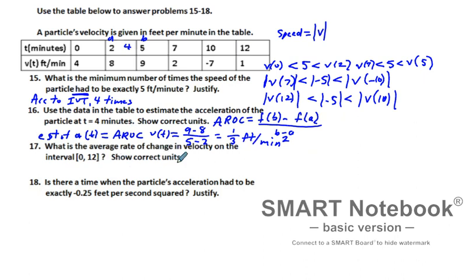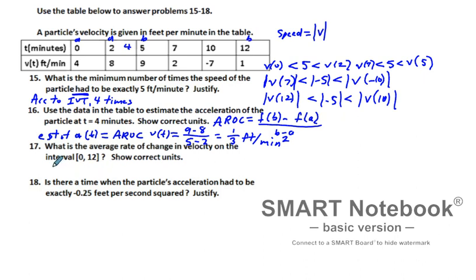What's the average rate of change in velocity in the interval from 0 to 12, which is going to be our estimated acceleration in the interval? Before that, we would have a different a and b. We would have a is 0, b is 12.